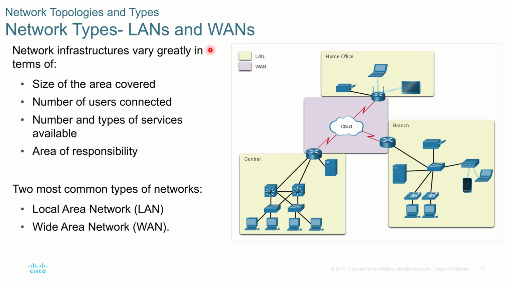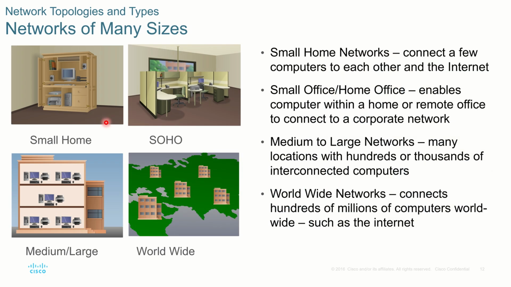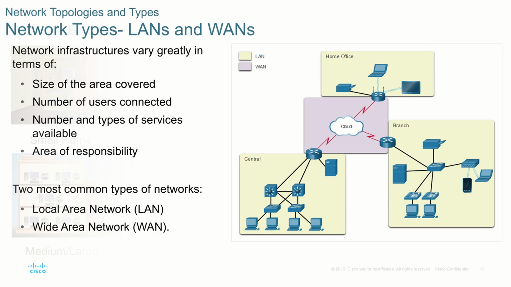In defining the network type, unlike the previous one where it's defined based on the number of hosts, here the network type is defined based on the network infrastructure that has several criteria: first, the size of the area covered, number of users connected, number and type of services available, and also area of responsibility.